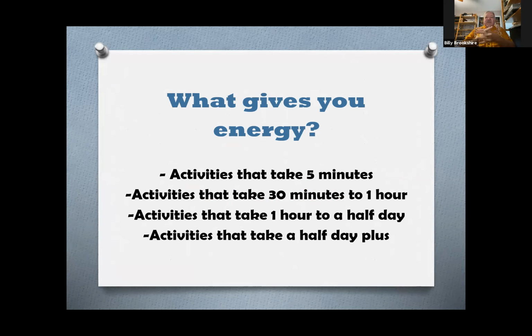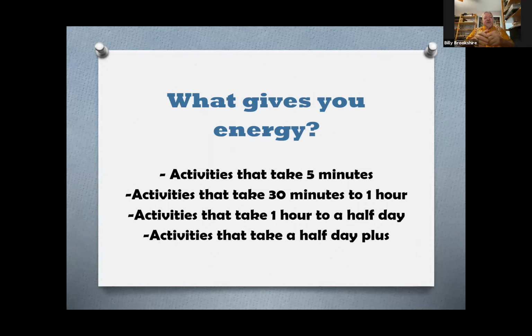What gives you energy? We're going to do a little exercise, and you can use the chat room for this exercise. What I want you to do in the chat room is pretend that I've got a flip chart here. And on this flip chart, I've drawn a big plus sign that divides that flip chart into 4 different quadrants. The first quadrant says 5 minutes.